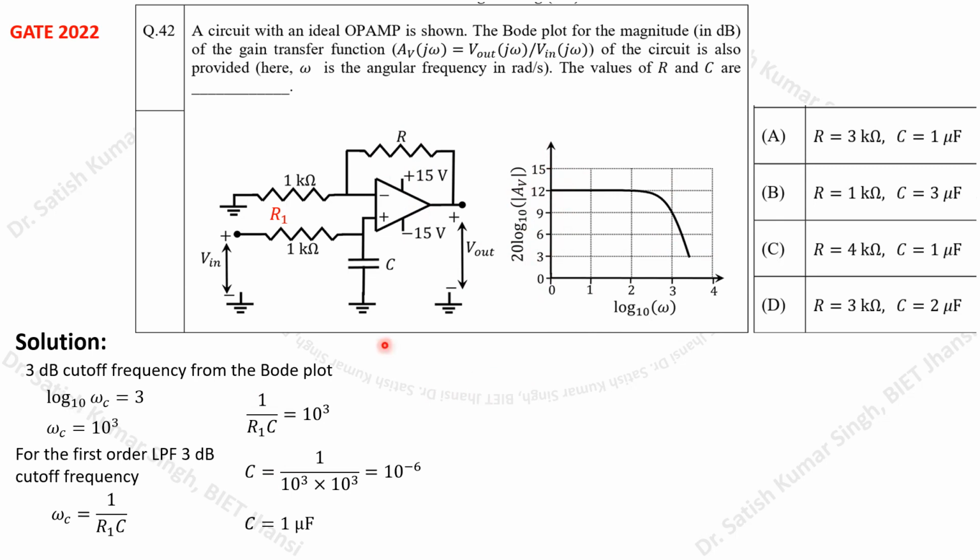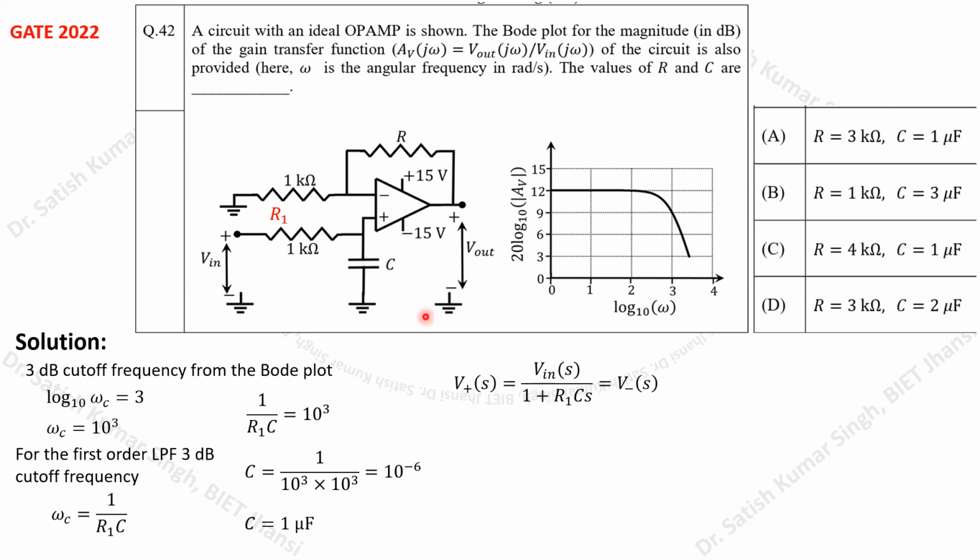To calculate that, we can first apply the Laplace transform. Because this is resistance R1, its Laplace transform will remain R1, and for the capacitance it will be 1 by SC. So we can find the potential V plus S, the potential at this non-inverting terminal. This value is given by V plus S equals V input S divided by 1 plus R1 CS.